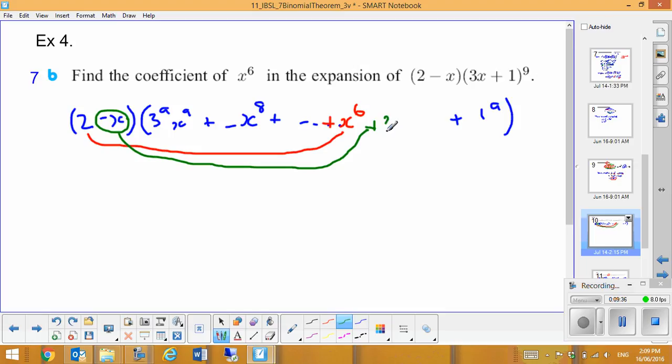We don't know what the coefficient is, but it'll be something to the power of 5, x to the power of 5. So we want these two terms to multiply with this, so we end up with our powers of 6.